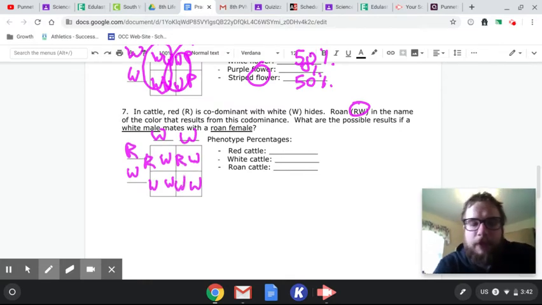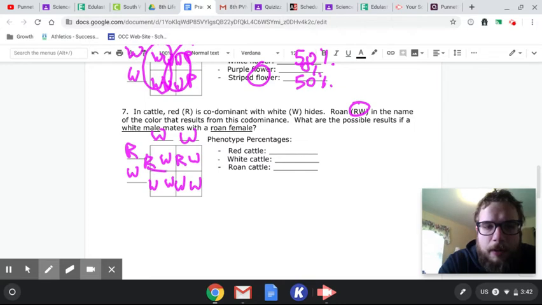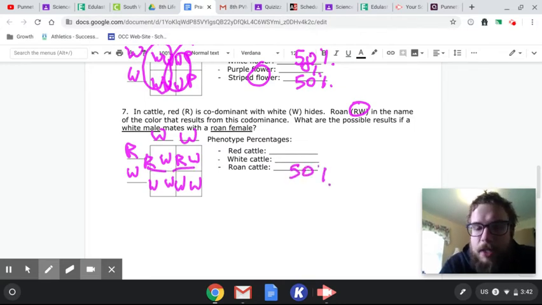Okay, I'm going to get 50% chance of having RW. So 50% chance of being roan, meaning you have a mixture of red and white. And then I've got a 50% chance of being white right there. And then am I going to get any that are RR? No. So it's a 0% chance there.